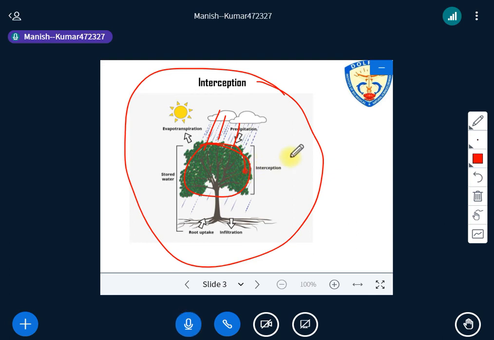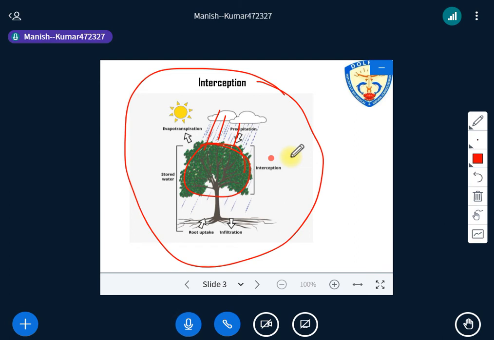In interception, I think you have already seen the word interceptor when you have seen certain kinds of police vehicles, right? Why is it called an interceptor? Because it has to come in the way, it becomes a kind of interference in the movement. When they have to catch any kind of thief or miscreant, they are supposed to interfere in their path, to cross their path to stop them.